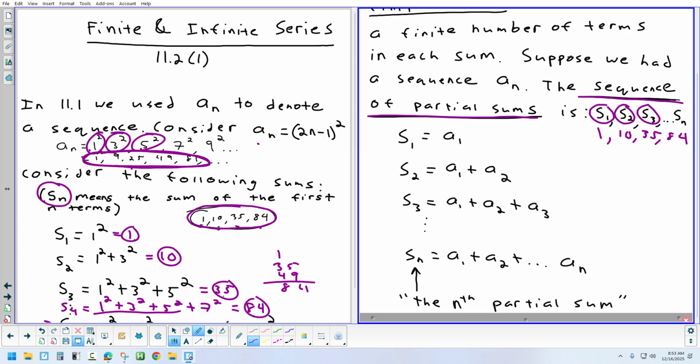You can add up as many as you want. But again, the goal is to figure out a way to do it quickly and not have to do it by hand. This last one right here, this represents adding up the first n terms. Well, how many is n? We don't know. Maybe it's 200, maybe it's 1,000, maybe it's 200 million terms. But it stops somewhere.